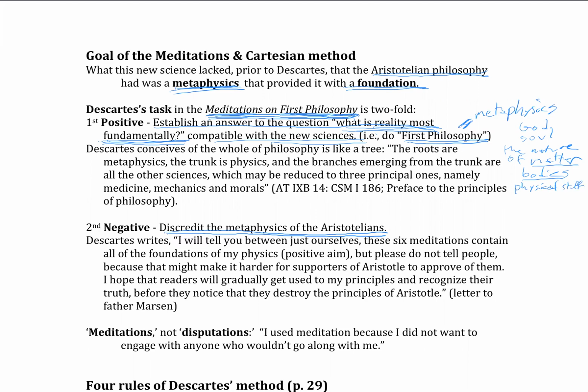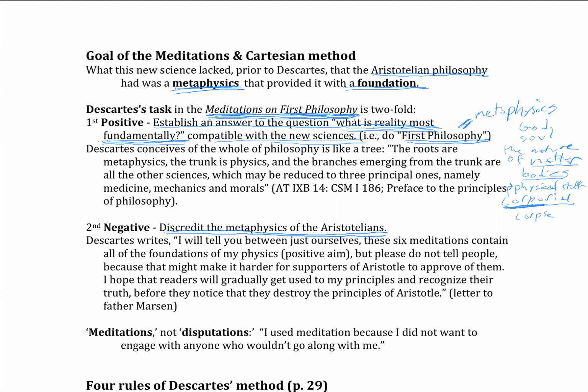Or another word that we're going to be using is corporeal. Corporeal just means bodily. So corpor or corpus, you can hear it in our word corpse. It was just the Latin word for body. And a body is just a physical thing. It's just physical stuff.